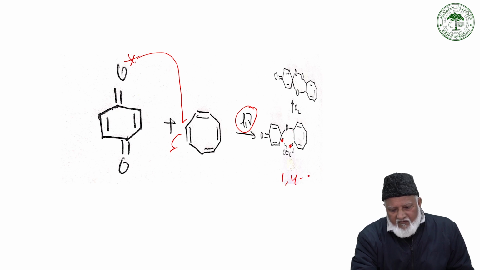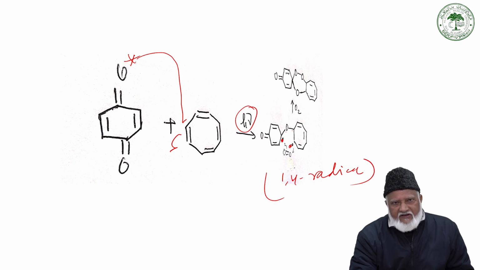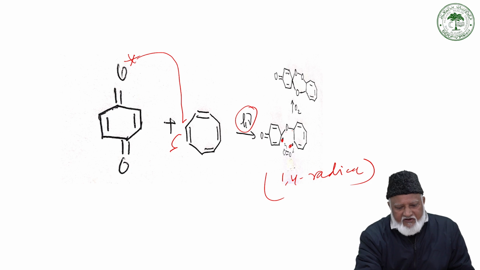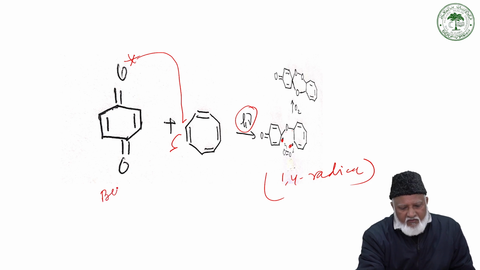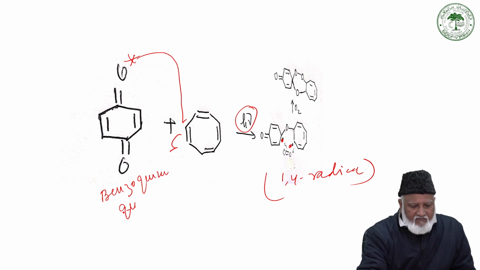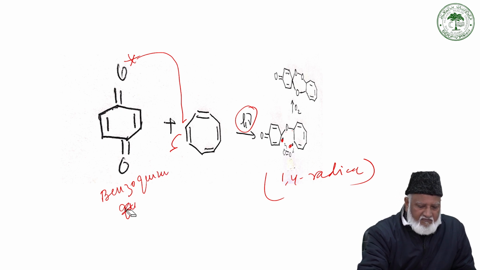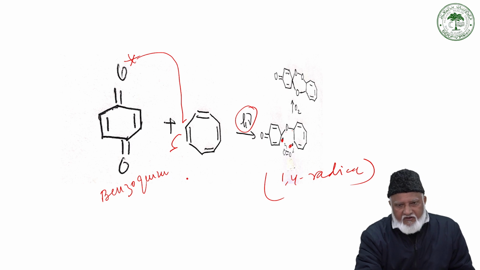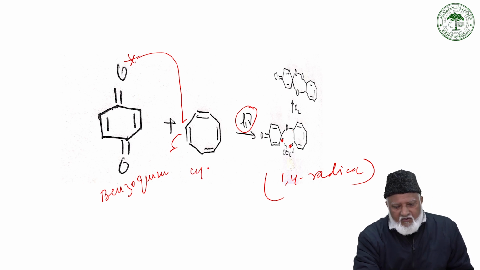The 1,4 diradical is formed after the attack of the excited carbonyl of benzoquinone to one of the double bonds of cyclooctatetraene.